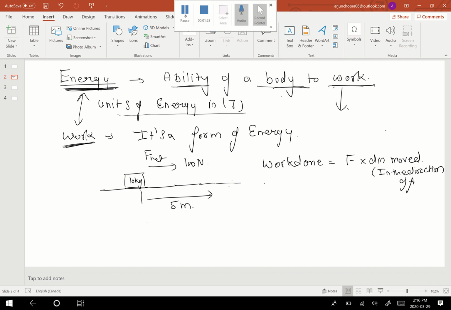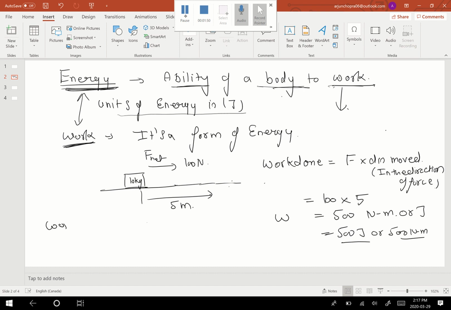Force is 100 newtons, and the distance moved is 5, so work done will be equal to 500. I can call it Newton meter or joules also. So 500 joules or 500 Newton meter, both are units of work.